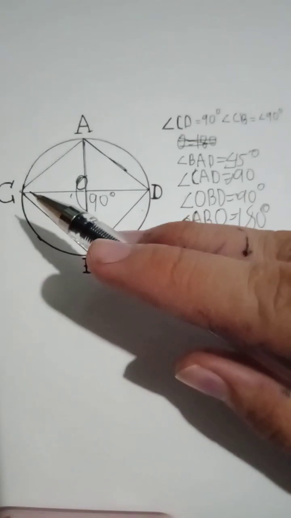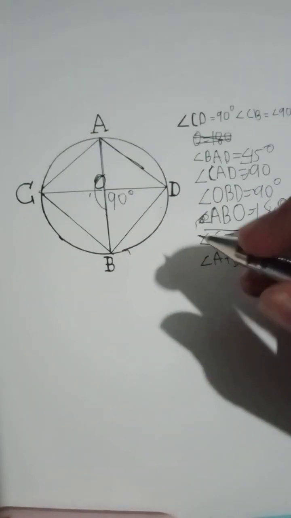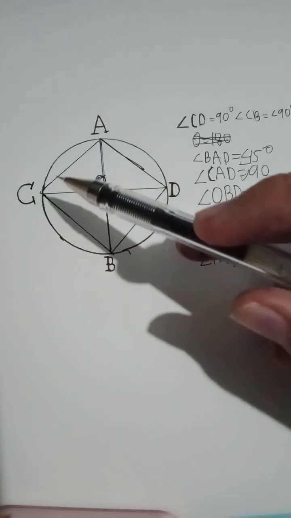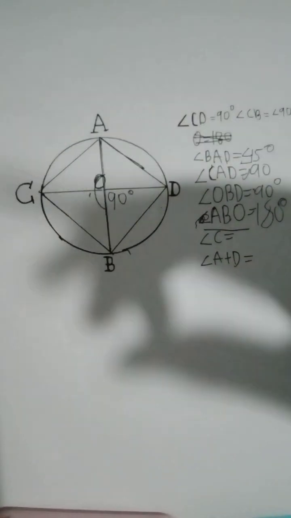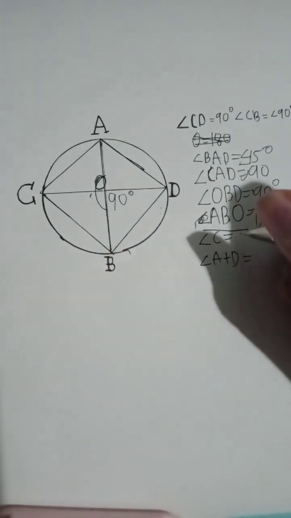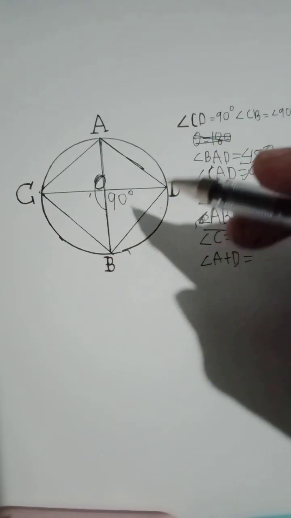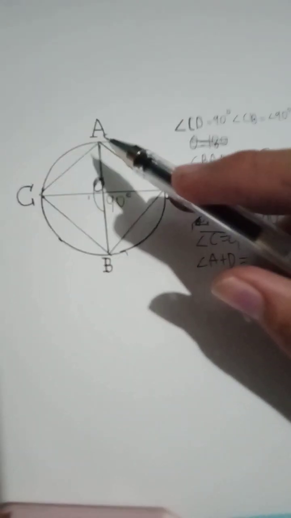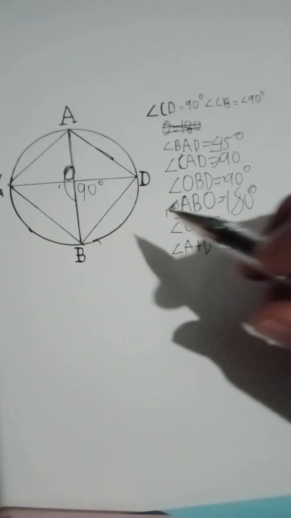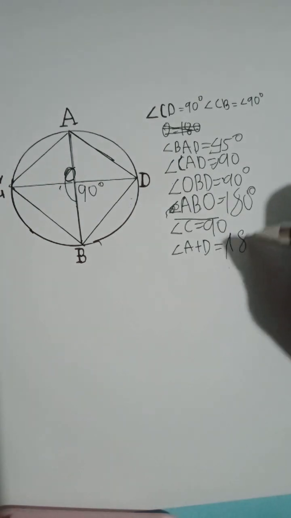And C, which is an angle in a semicircle, 90. And A plus D, which are both 90 degrees, will also equal 180.